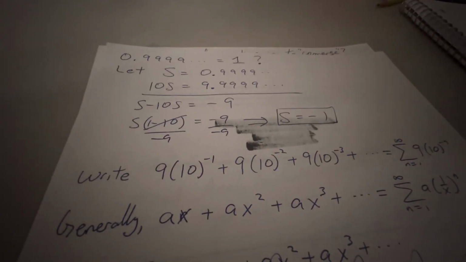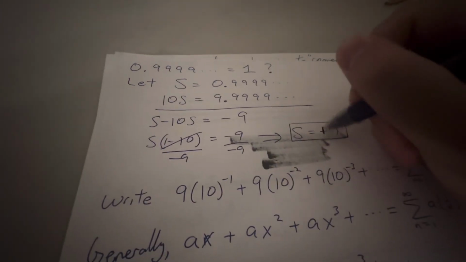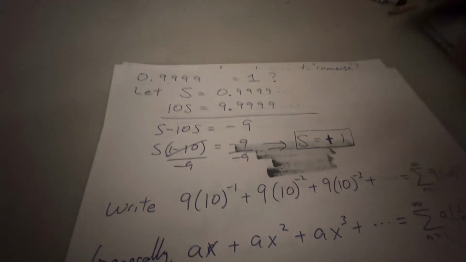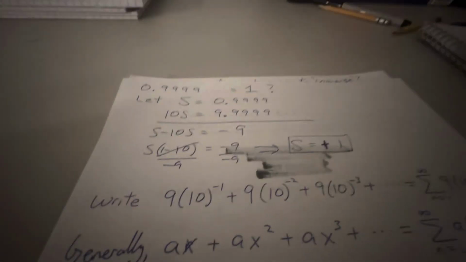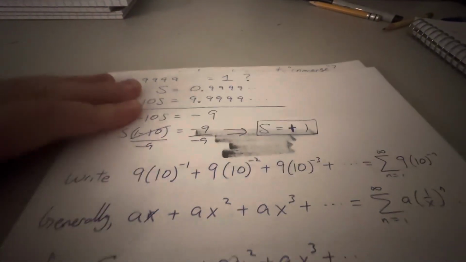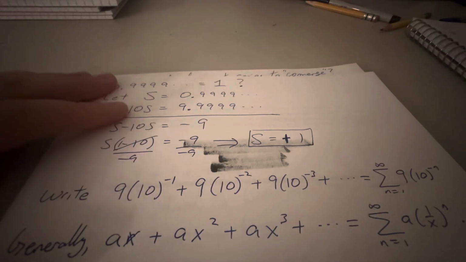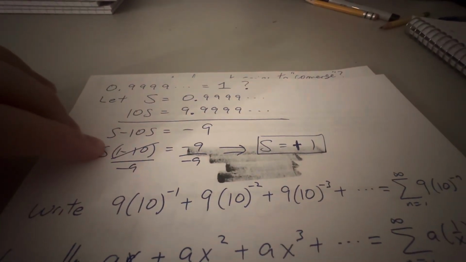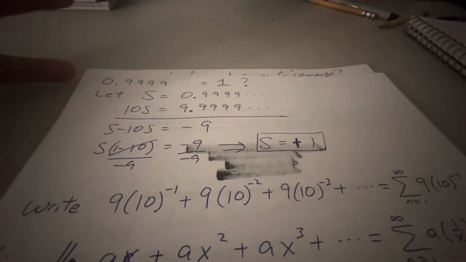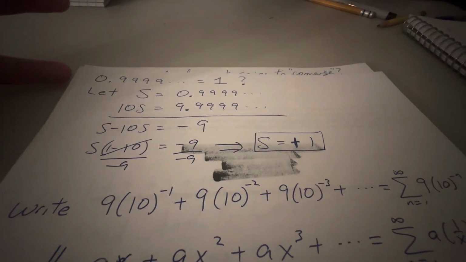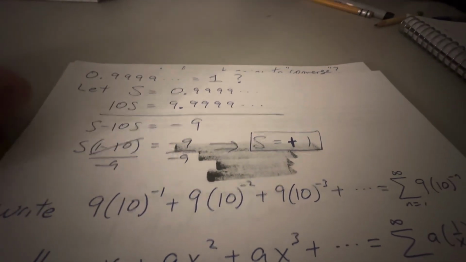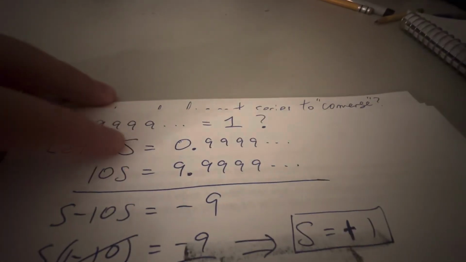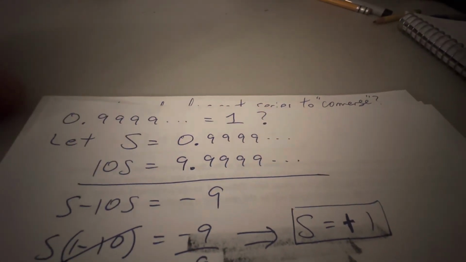How very bad. Plus 1. I'm still making mistakes even when I write up the script, more or less. But you end up with negative 9 over here, and you have negative 9 here, so you divide both of them off. And then you end up with S equal to positive 1. Which means that 1 is equal to 0.9 repeating up here.